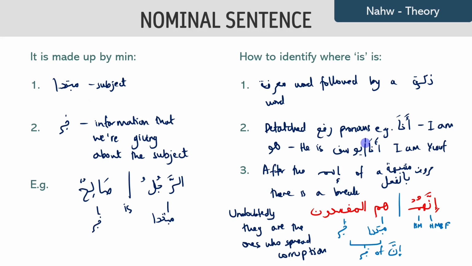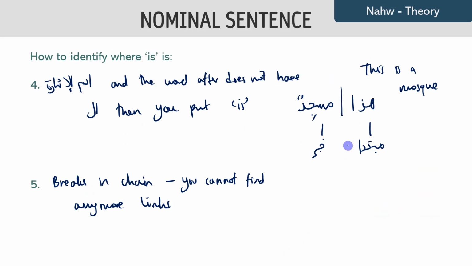Just to recap what we have done: we have learned that a nominal sentence is made by the mubtada and the khabar, and between the mubtada and the khabar there is an "is". Now where do you find that "is"? If you have a marifa word followed by a nakira, you have an "is" in the middle. If you have a rafa detached pronoun, you put an "is" right after that. If you have an ism of a huruf mushabbahatu bil fa'il, there's an "is" right after that. If you have an ismul ishara and no alif lam on the next word, you put an "is" after that.